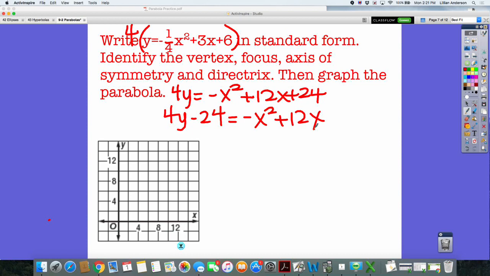Multiply everything by negative 1. So I'm going to make this negative 4y plus 24 equals x squared minus 12x. You can't do it to just one term. You have to do it to every single term.